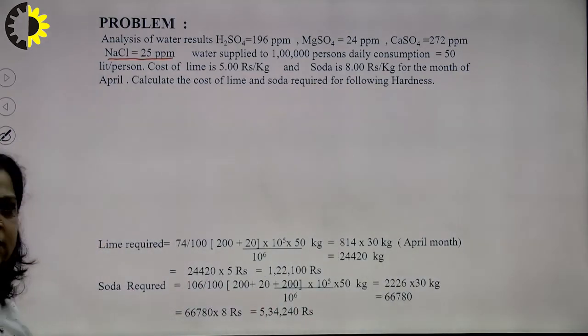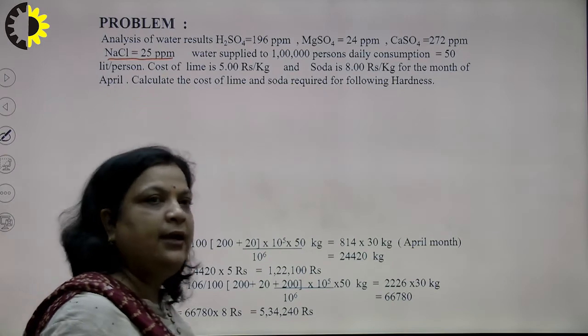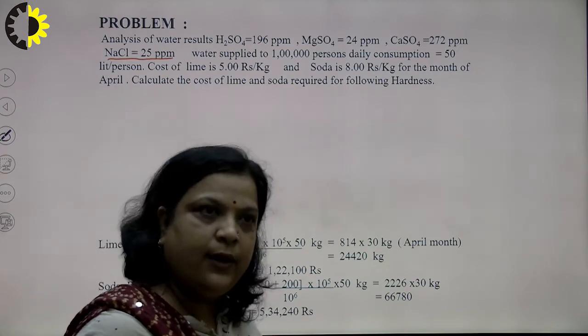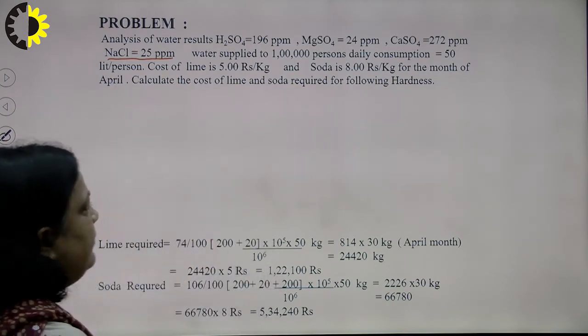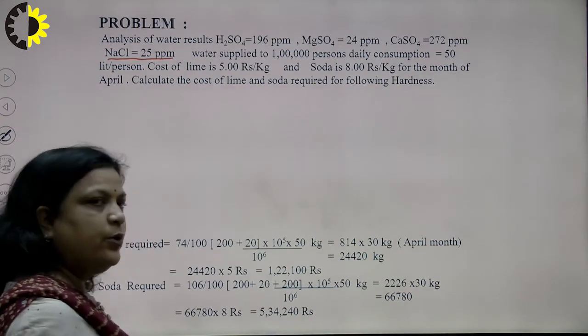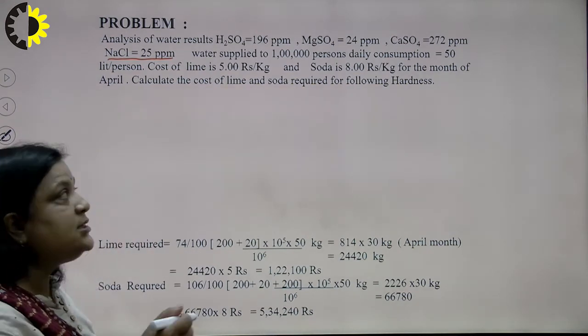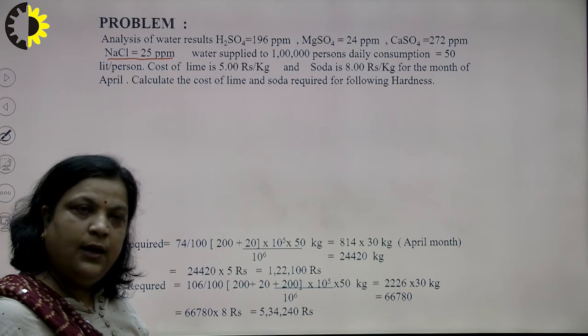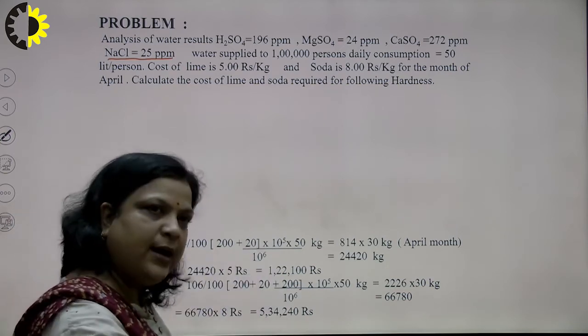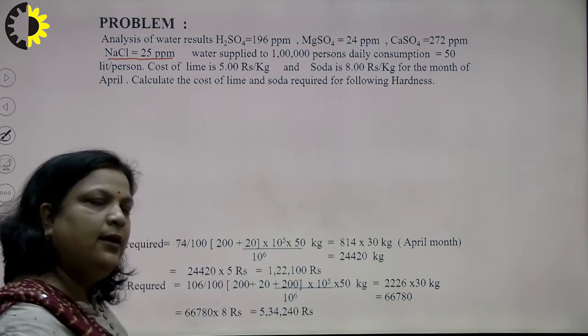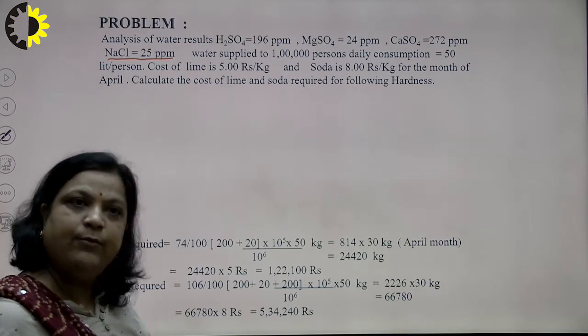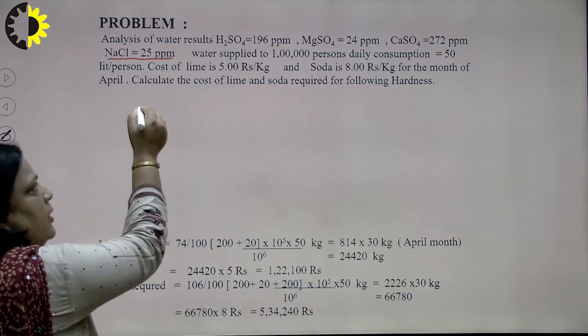To find the cost, first we have to find amount of lime soda required. And to calculate this amount of lime soda, first we have to see how much type of salts are there and then convert these salts with calcium carbonate equivalent, and then we find what is required, whether lime or soda. So, let us write the salt.